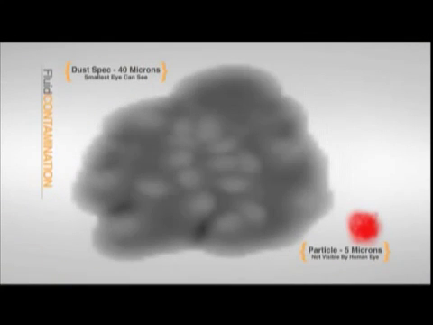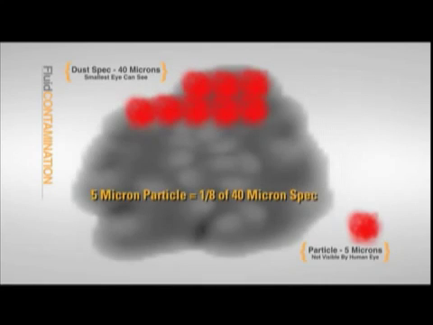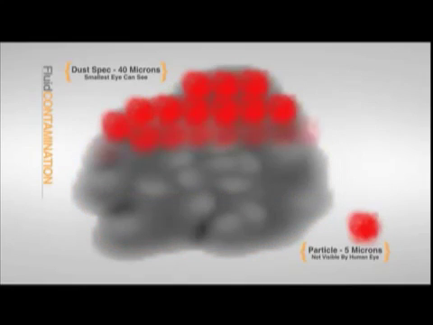You might conclude after a quick glance at the numbers that a 5 micron particle is 1/8 the size of a 40 micron speck. But to properly compare size, you must relate the cross sections of the particles, not the diameters. As you can see in this representation, the 5 micron particle is actually 1/64th the size of a speck you see on a TV.